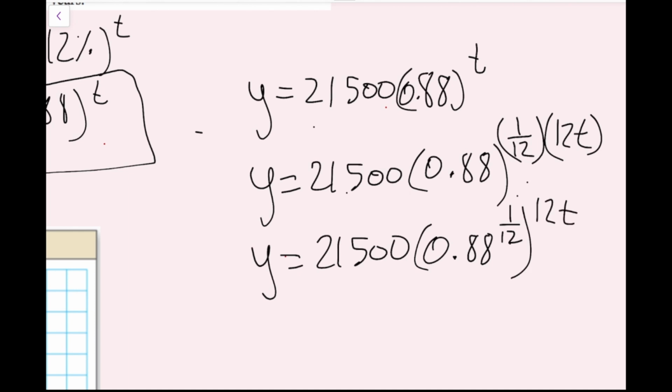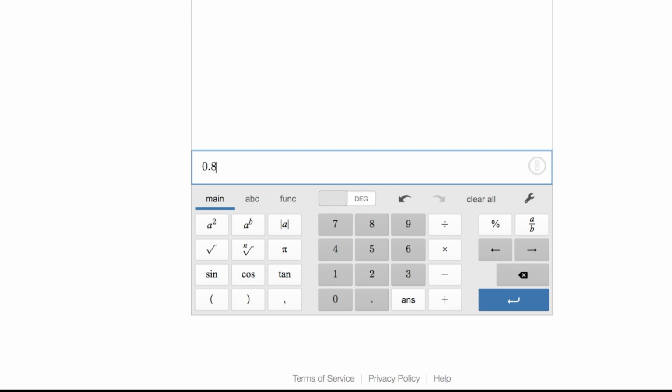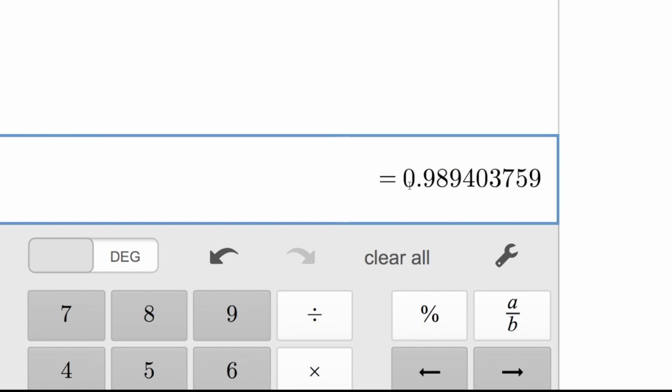So now all I need to do is simplify this, and then we'll get our monthly estimation of our decay rate. So I'm going to plug 0.88 into the calculator: 0.88 to the power of 1/12, aka the 12th root of that. And if you see right here, I get 0.989. I'll leave it as 3 decimals, because we're just rounding here anyway.